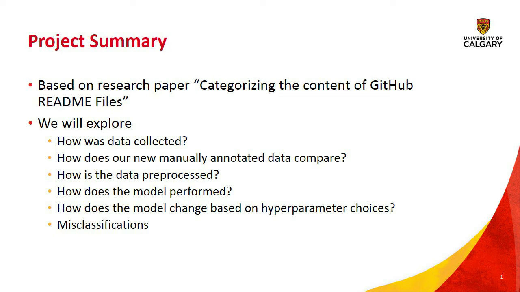We will also look at how the hyperparameters affect the model's performance, as well as explore the misclassifications that the model makes when predicting the results of the data set. So now let us start with how the data was collected.